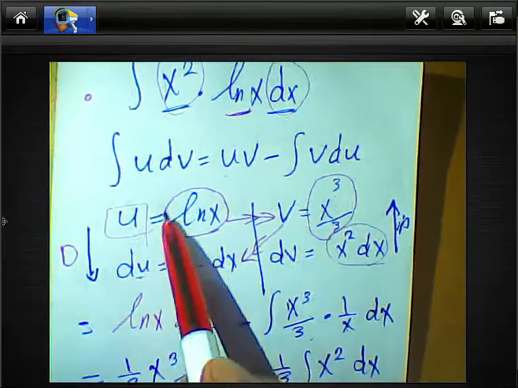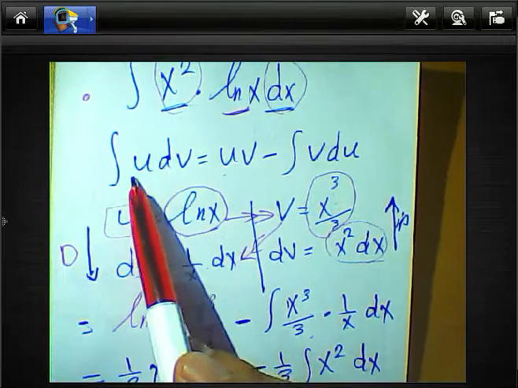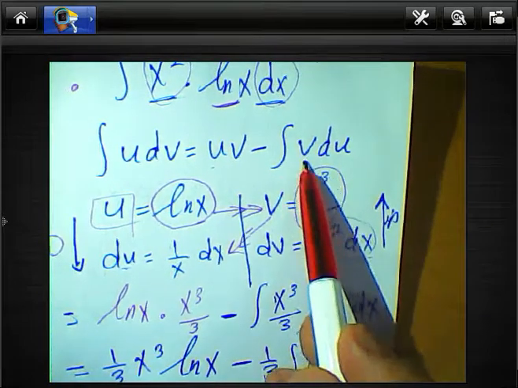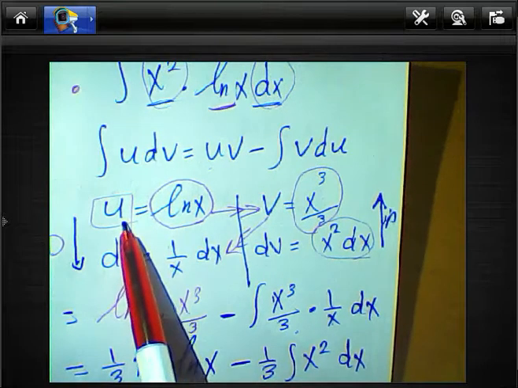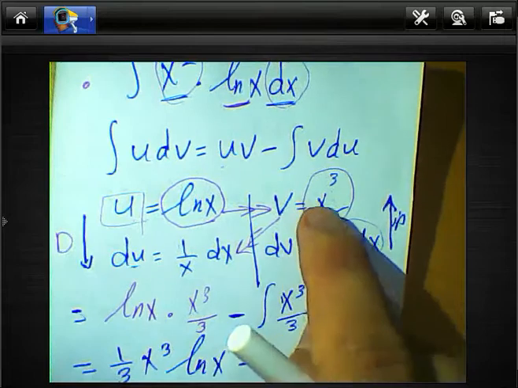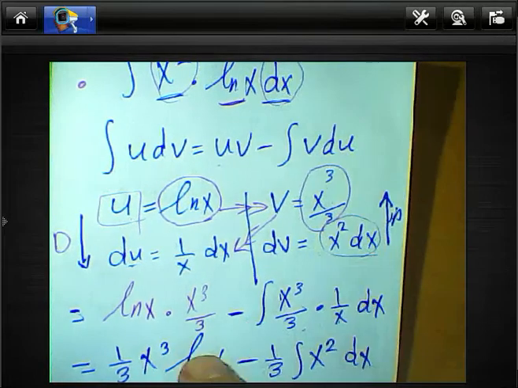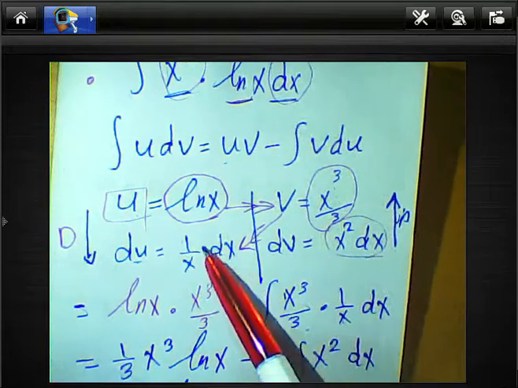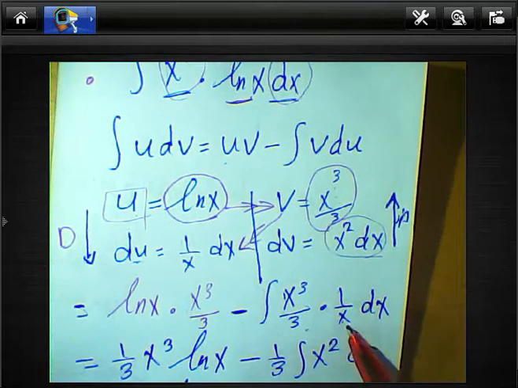Or using the rule, the integral of u dv equals u times v, subtract the integral of v du. So u is ln x, v is x^3 over 3, subtract the integral of x^3 over 3 multiplied by 1 over x dx, and we can simplify it here.